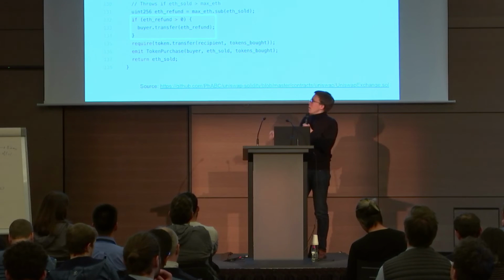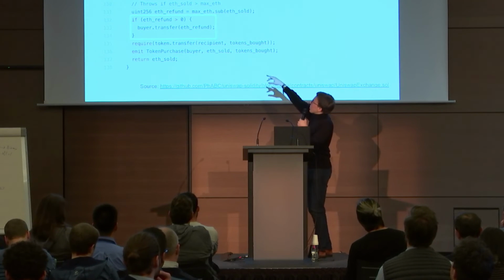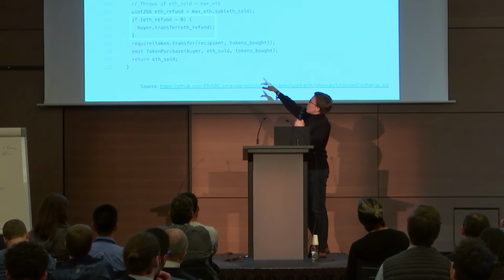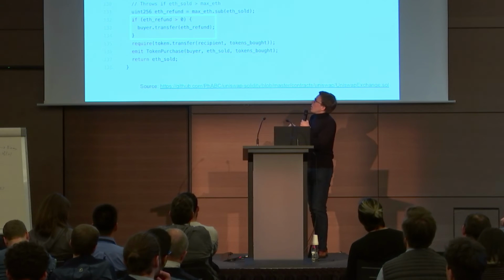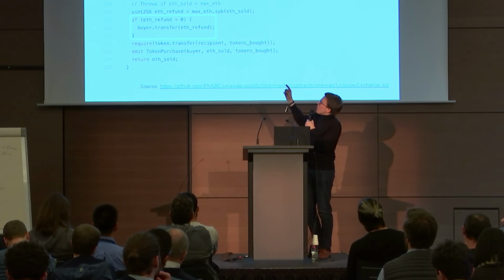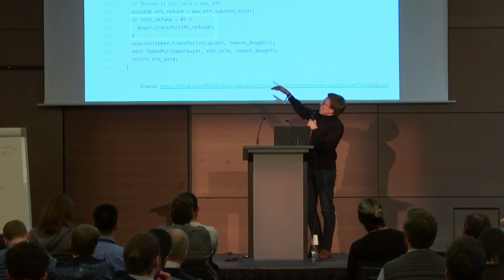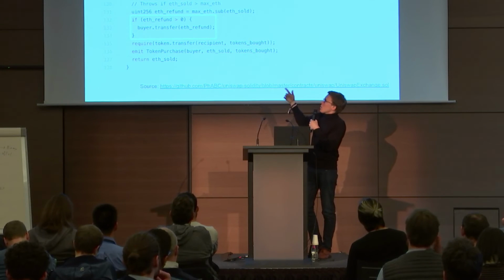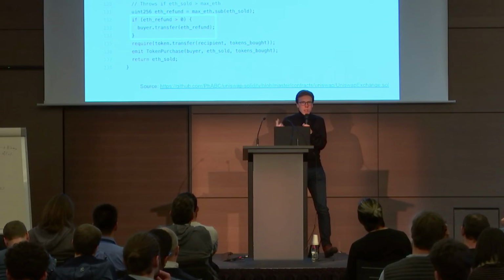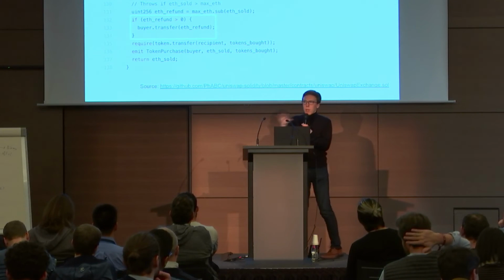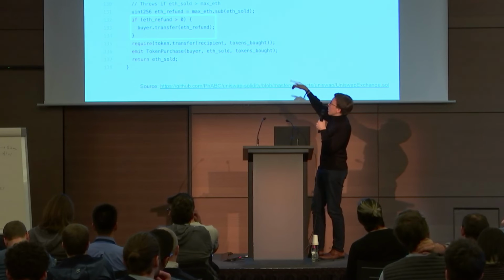And then one more thing that you can also see is the transfer function. Basically all that's relevant here is that if you actually send ETH to the buyer in Ethereum right now, and the buyer is a contract, you'd execute its fallback function. I think it has a new name with the new Solidity version. But basically the fallback function is the function that's called when you get ETH.